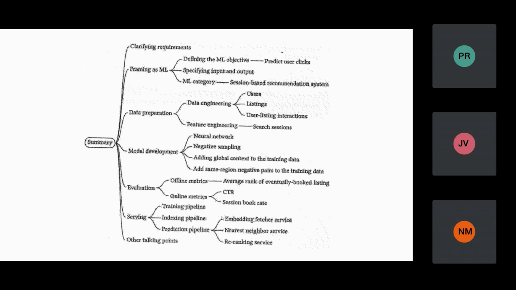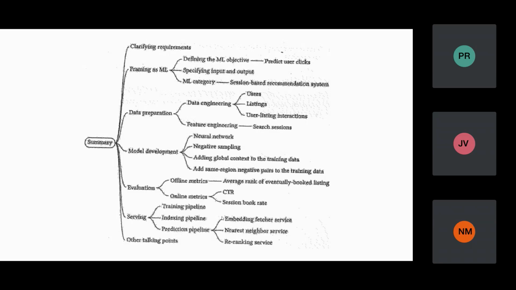Further, in feature engineering we discussed the search session, and based on the search session we moved further. Then in model development we discussed neural networks, and we went for a shallow neural network.